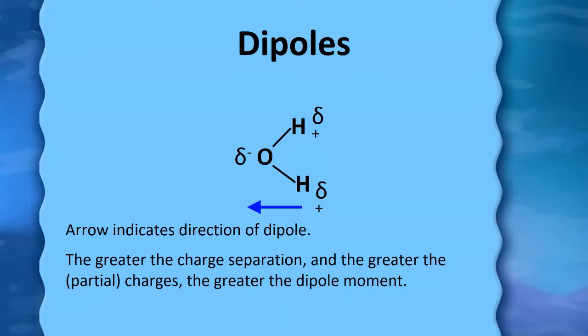And the greater that the electronegativity difference is, the greater the difference between those sides, the greater the dipole moment. So because water is very polar, I know that this is very partially negative and this is very partially positive. The less polar something is, the smaller the partial negative and partial positive charge is going to be.